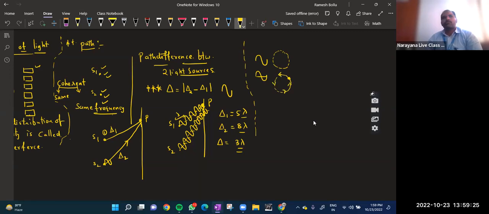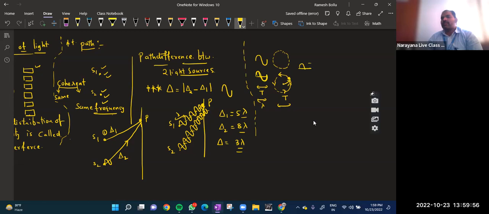The time taken to produce one full wave is exactly equal to the time taken to complete one revolution. And the length of one wave is nothing but the distance traveled in one full circular path. Understood or not understood? And during one wave production, what is the angle swept by the radius?